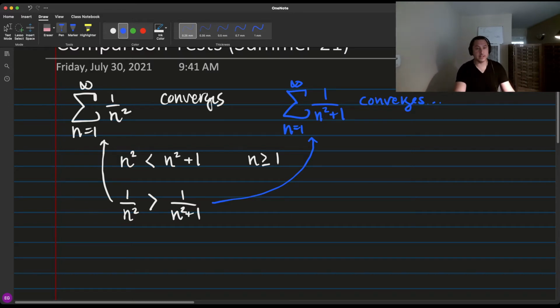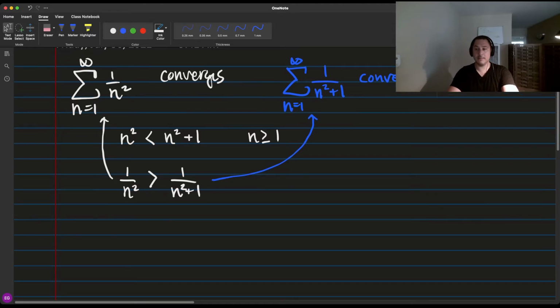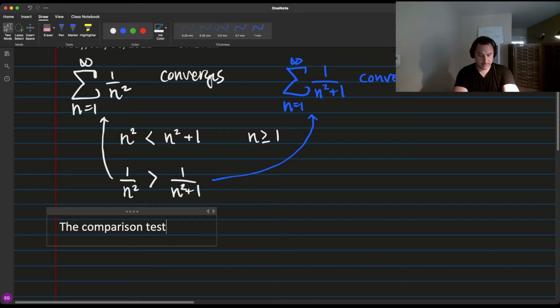So what does the comparison test say? Let's write it down. The comparison test is as follows.